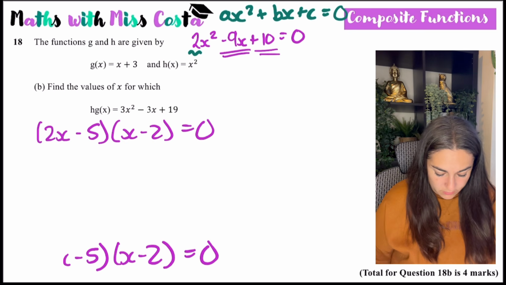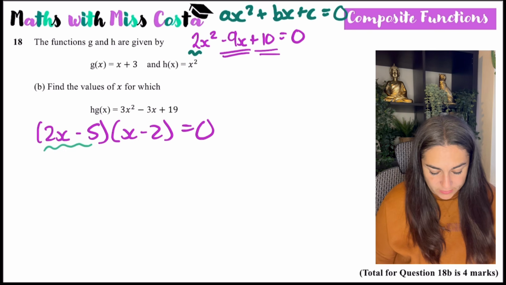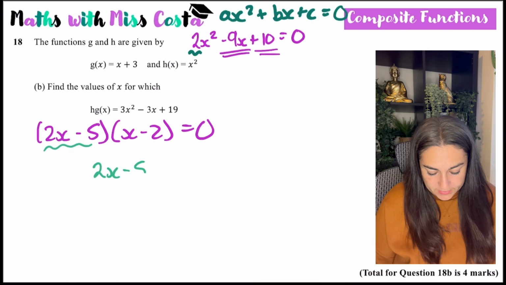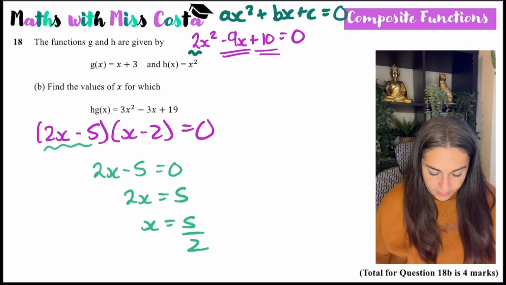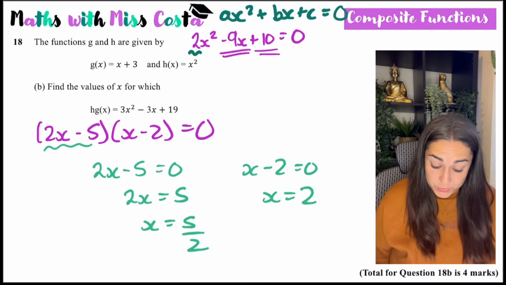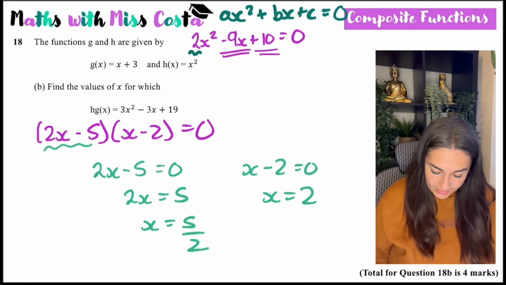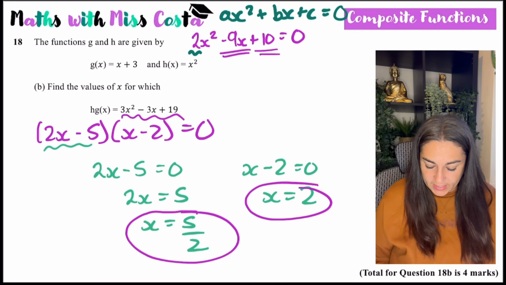And to finish off the quadratic factorization, I make each bracket equal to 0. So 2x minus 5 equals 0. That must mean that 2x is 5, which must mean that x is equal to 5 over 2. Similarly, if x minus 2 is 0, then x must be equal to 2.